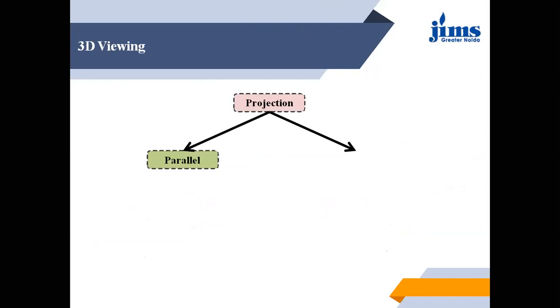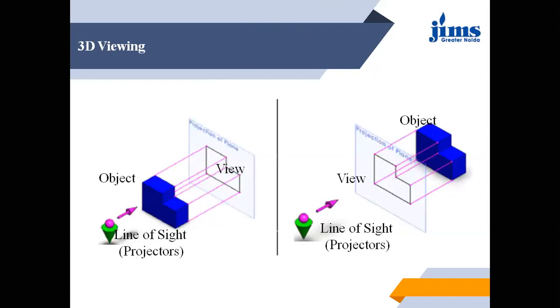The forming of an image, as we saw over here, this is the object and we want to see this on the projection plane, then this is the view of the object. To see these views, there are different ways, but whatever image is going to be formed, that is because of these projection lines.